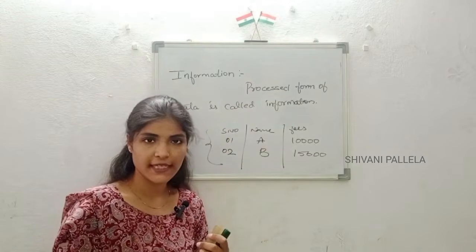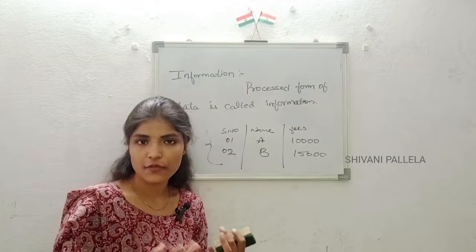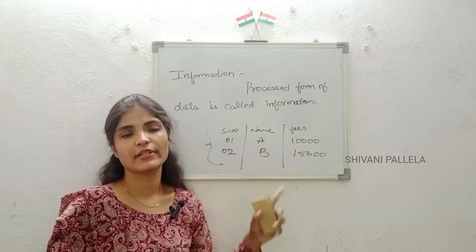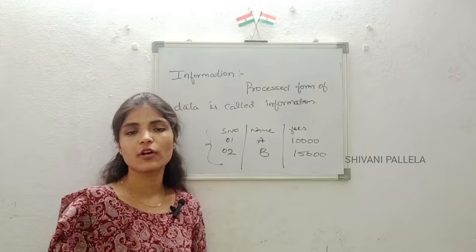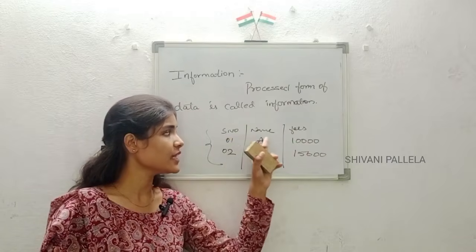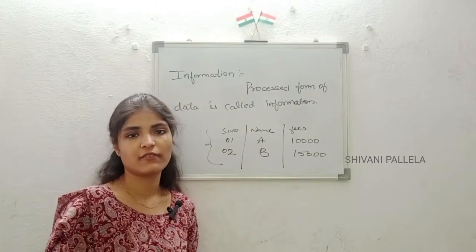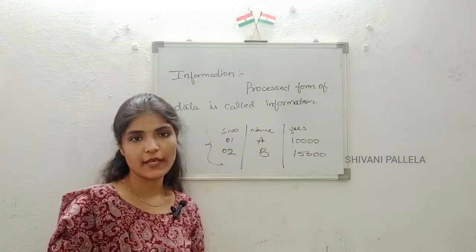You know about data and information. Data means collection of raw facts from various sectors, and information is nothing but the processed form of data. We arrange the data in the format of name, fees, like that. We divide the data, and whatever is required, that only we take as information.